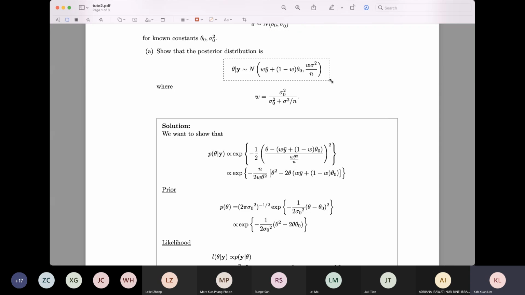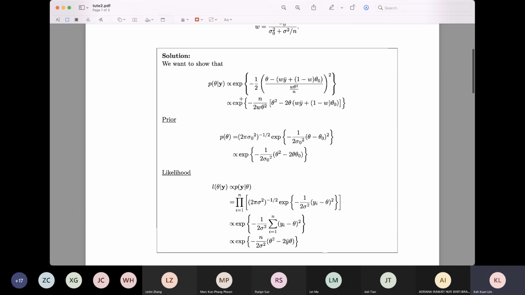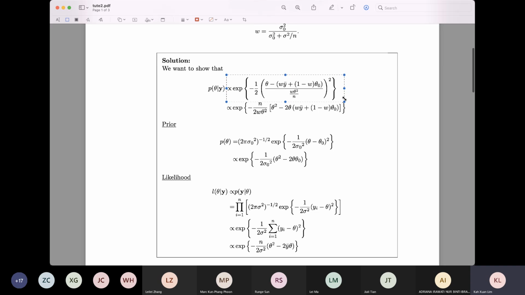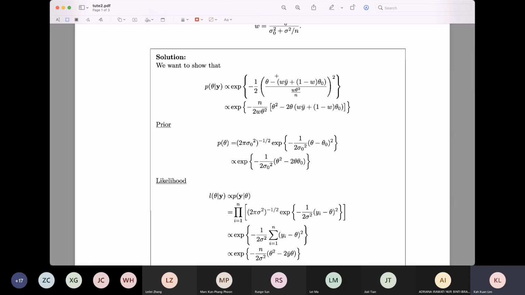We just need to show that the posterior distribution is this. It looks a little complicated, so it's easier if we write out the kernel first. This is the kernel of the normal distribution with the parameters plugged in, and I simplify it a bit. Note that the mean doesn't depend on data, so we don't have to include the mean square in our kernel.